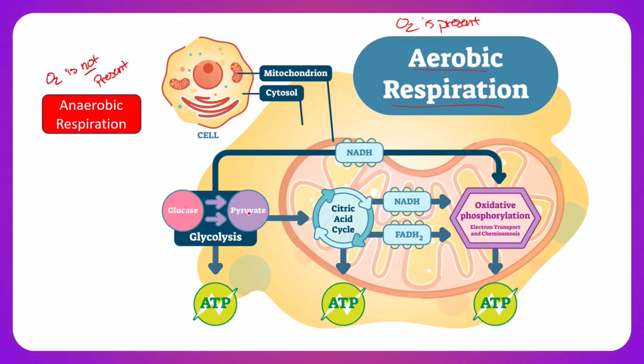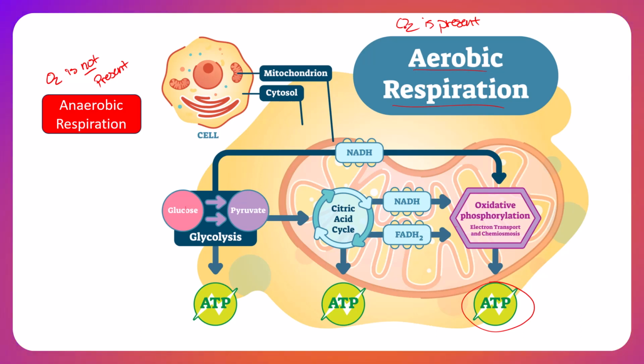We convert that to pyruvate. We then take the pyruvate, move it into our mitochondria, into the Krebs cycle, where we produce a little bit of ATP, but we convert it into those NADH and FADH2 molecules that we talked about in that previous slide to move it into the chemiosmotic pathway to ultimately make large amounts of ATP.